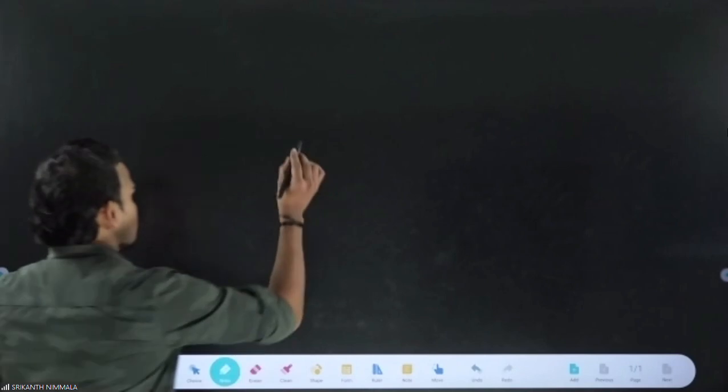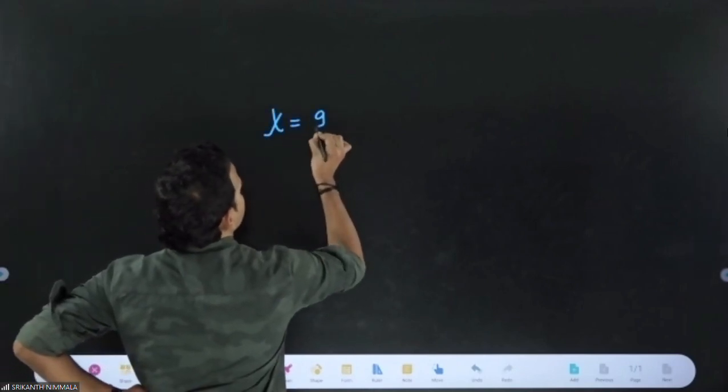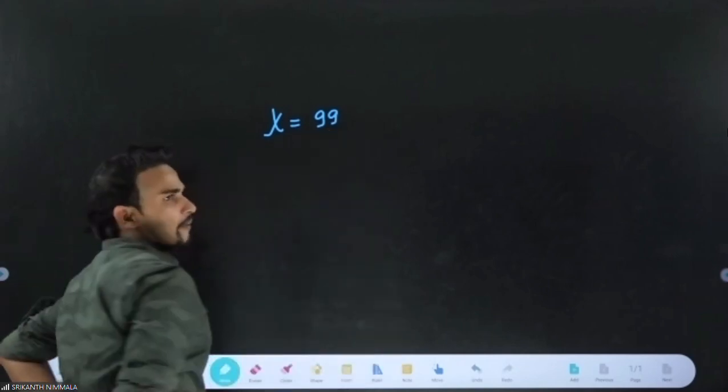Find permeability of a medium whose magnetic susceptibility is 99.